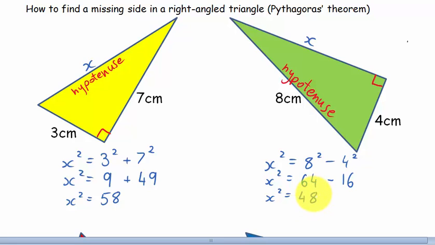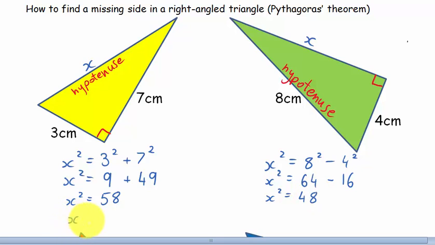We are nearly finished. Remember, we're looking for x, but so far what we've got is x squared. In order to find x, I have to do something opposite to the square. I basically have to undo the square. The opposite of squaring something is square rooting.